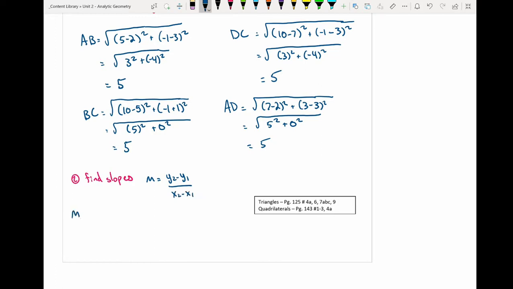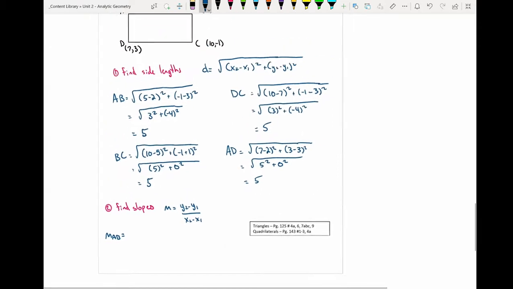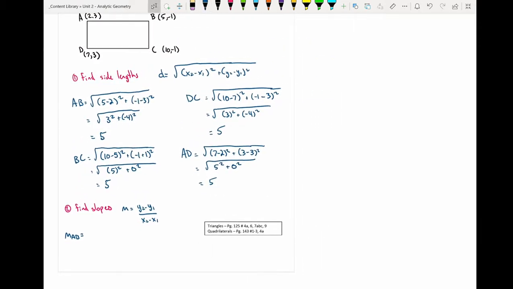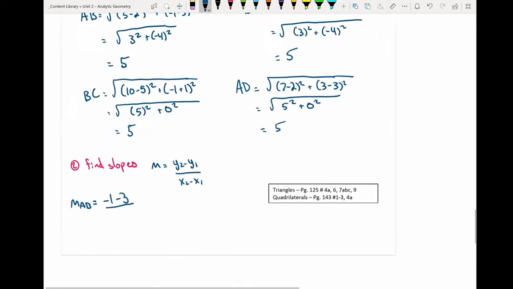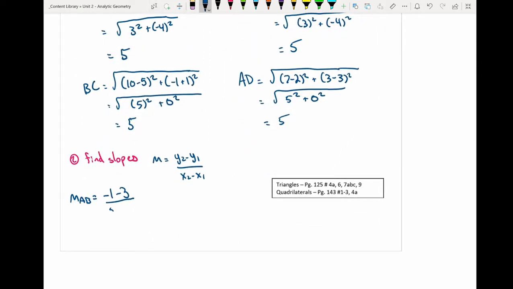So the slope of AB is going to equal, if I look back up at my points, (-1 minus 3) over (5 minus 2). I get -4 over 3.